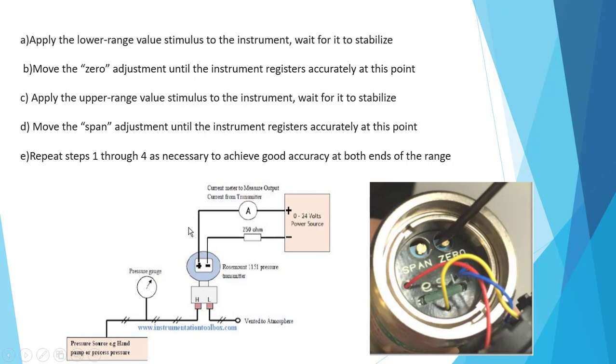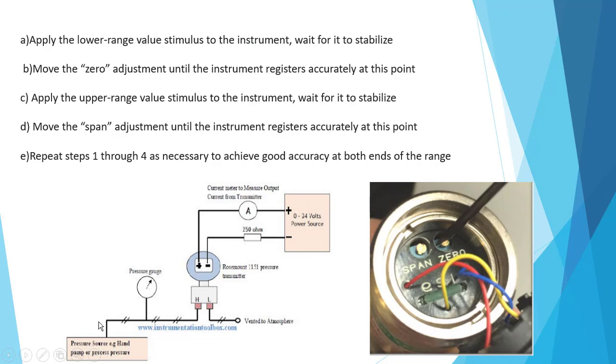Okay, how to do this 5-point calibration. First, you make the connection, like this drawing. Everything is 24 volts, current, voltage, a voltmeter here, and 250 ohm here. Okay, then first do your zero adjustment.